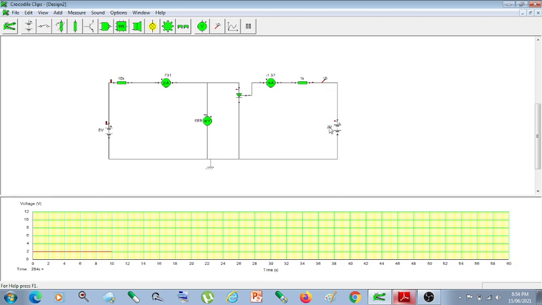Okay, so now I'm increasing this voltage. See what happens by increasing the voltage. The value is increased, right? So now again the input voltage I've changed. You need to note down the ammeter and voltmeter as well.